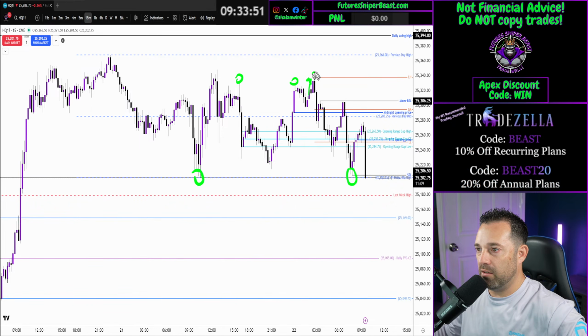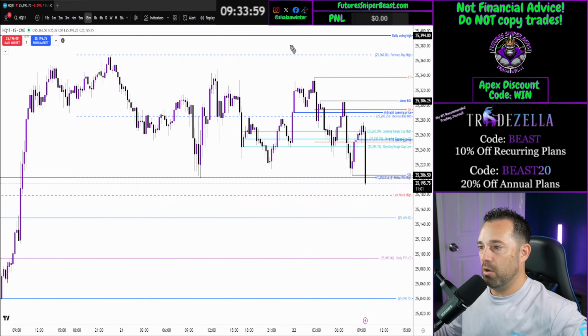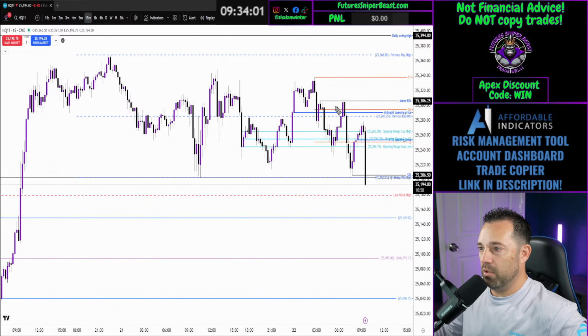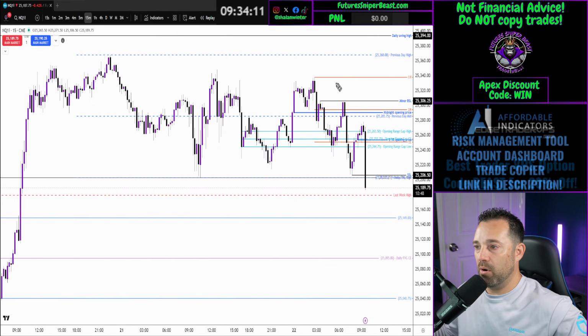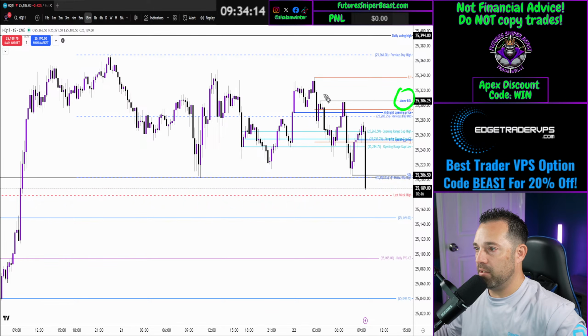This took that out, ended up being the London high, and now we have fairly relative equal highs between this one and this one. But if you look, we have this pullback here into this 15-minute fair value gap, leaving this high, and then we made relative equal highs there. So now I have that marked as my minor buy-side liquidity right there.